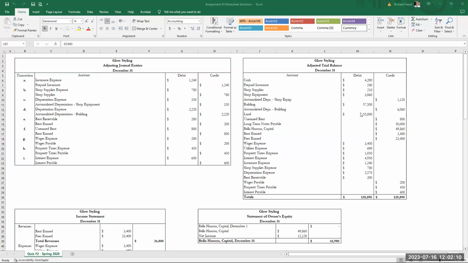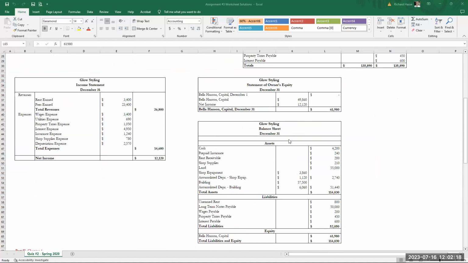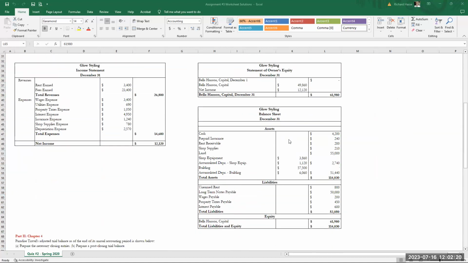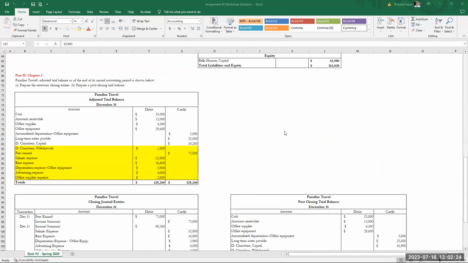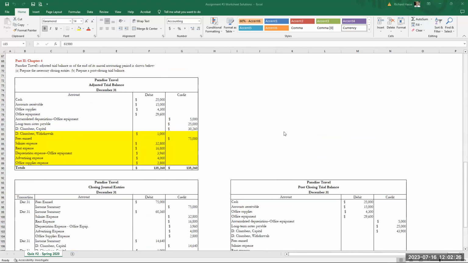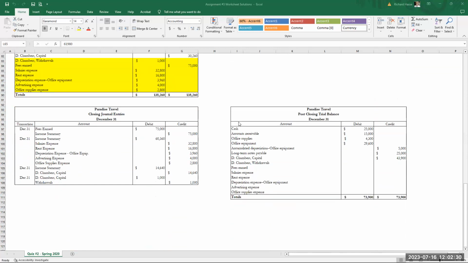I asked you to prepare, for 2 companies, an adjusting entry, prepare the adjusted trial balance, and then prepare an income statement, a statement of owner's equity, and balance sheet for Glow Styling. And then I asked you to do the closing entries for Paradise Travel based on the adjusted trial balance that I gave you, the closing entries, and then the post-closing trial balance.